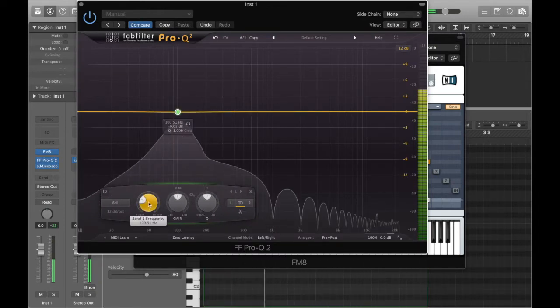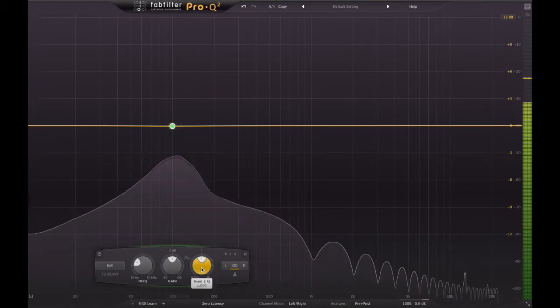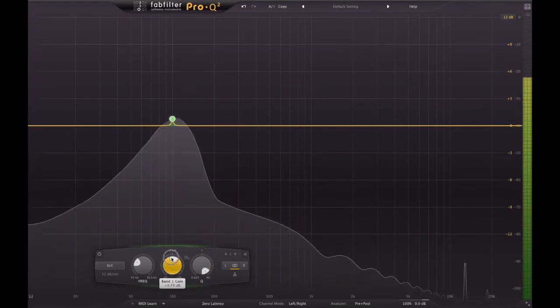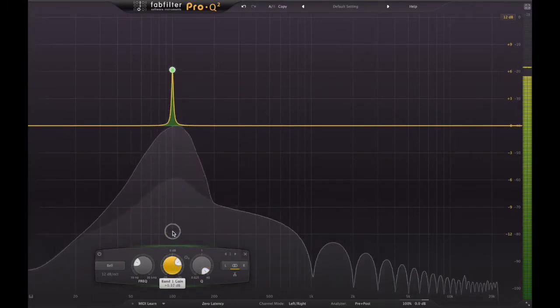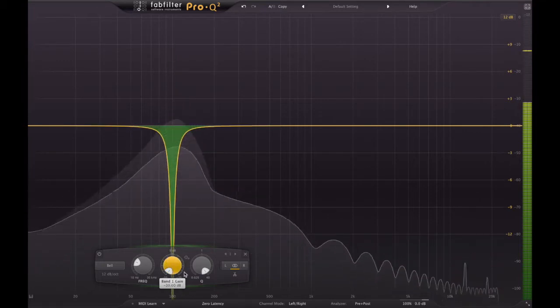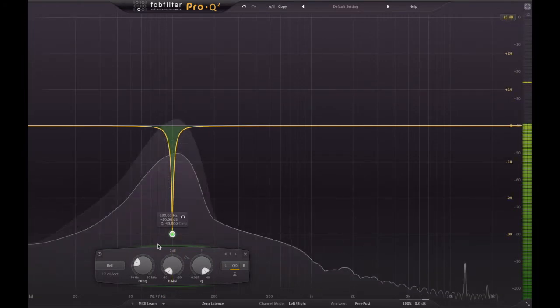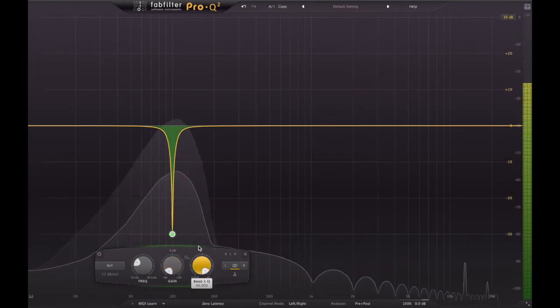I could double click in here, dial in 100. Let's expand this and boost the gain of that specific frequency, and it will make it louder, or I can scoop it out, of course, and it seems to more or less get rid of the sound altogether.